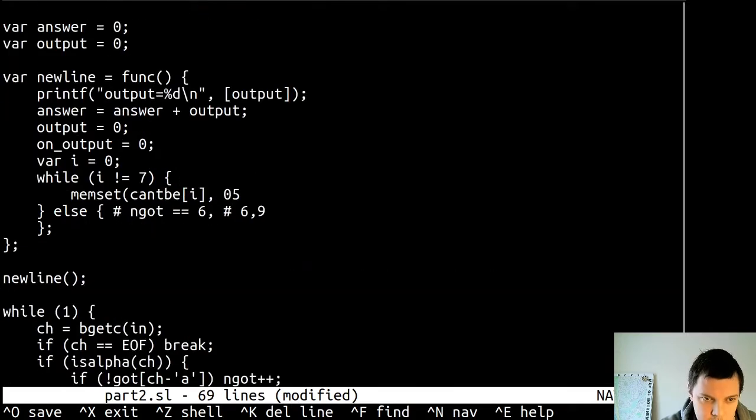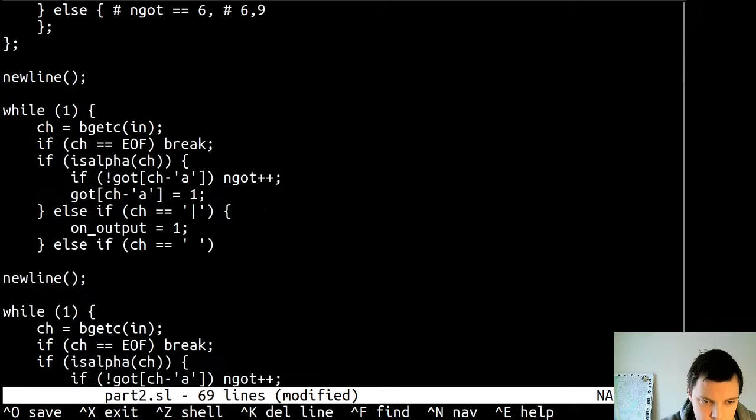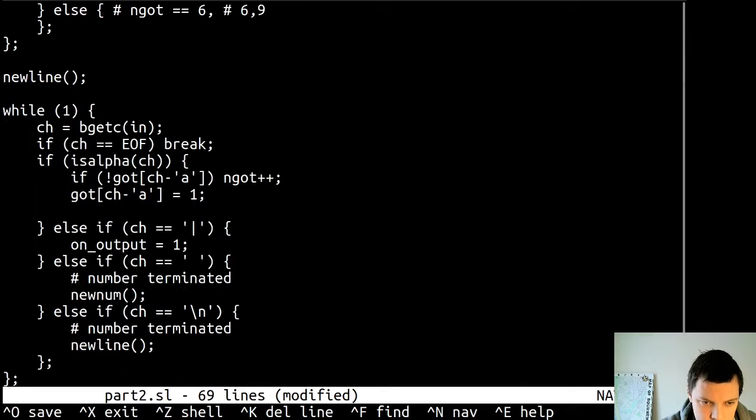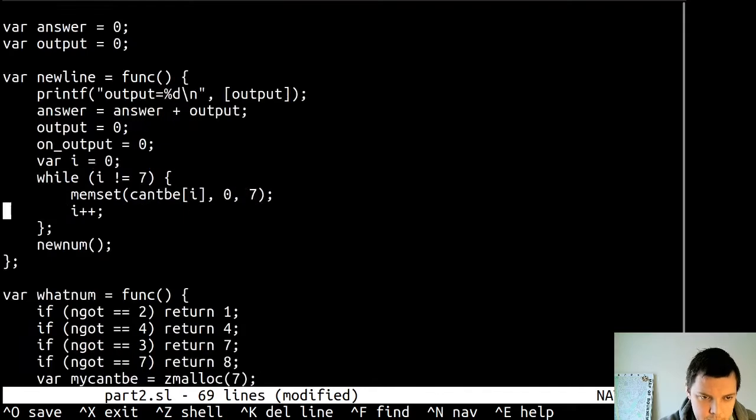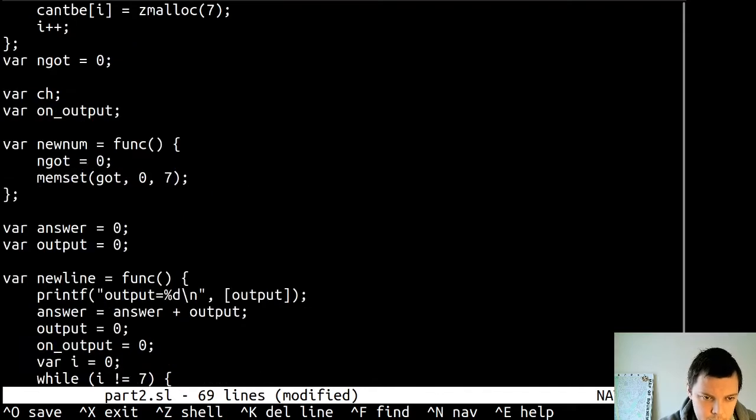Am I setting can't be anywhere? No. New num needs to set can't be if on output.